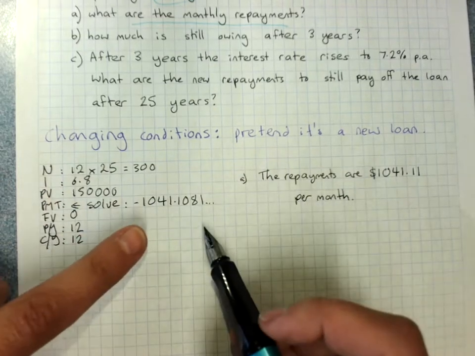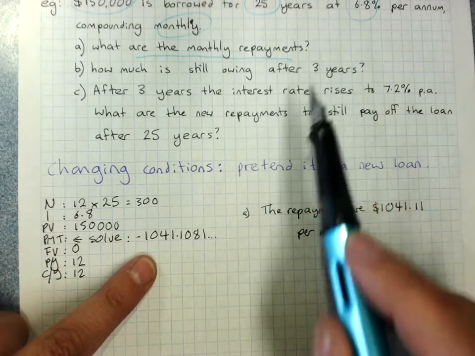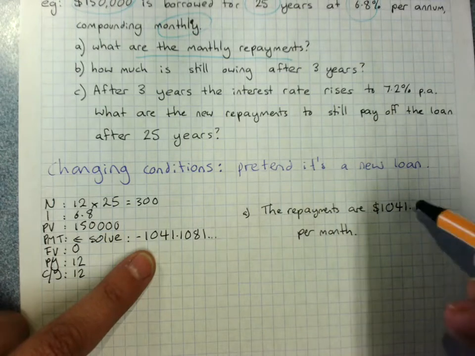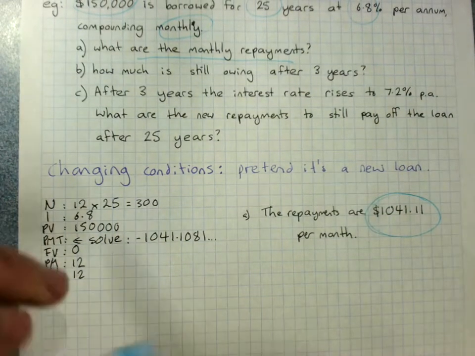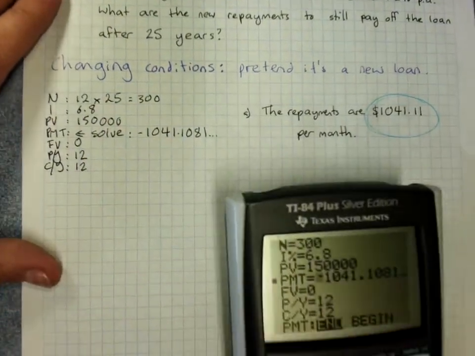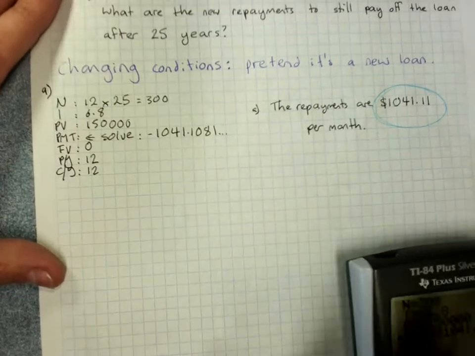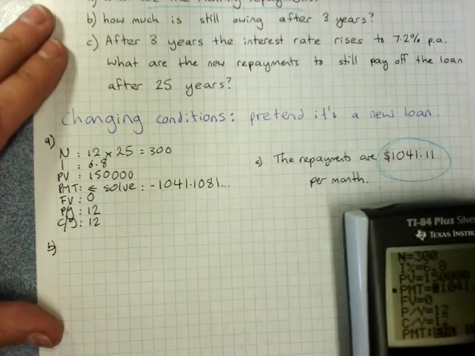Now, when you have to work out how much is still owing after 3 years, remember you will have to change your repayments on the calculator to be the rounded value. We're going to do question B, how much is still owing after 3 years?